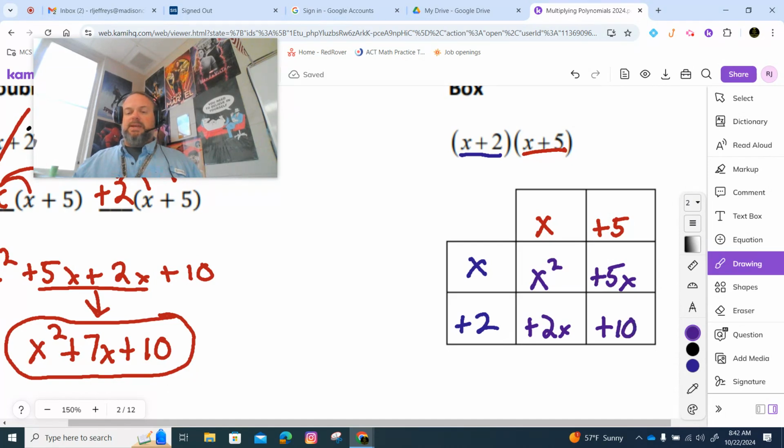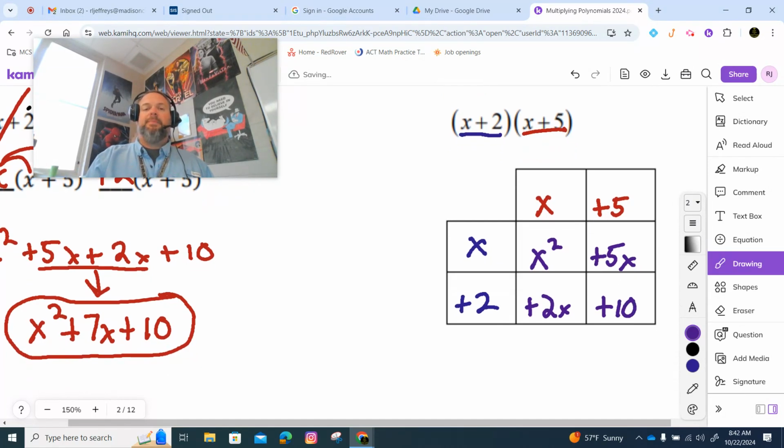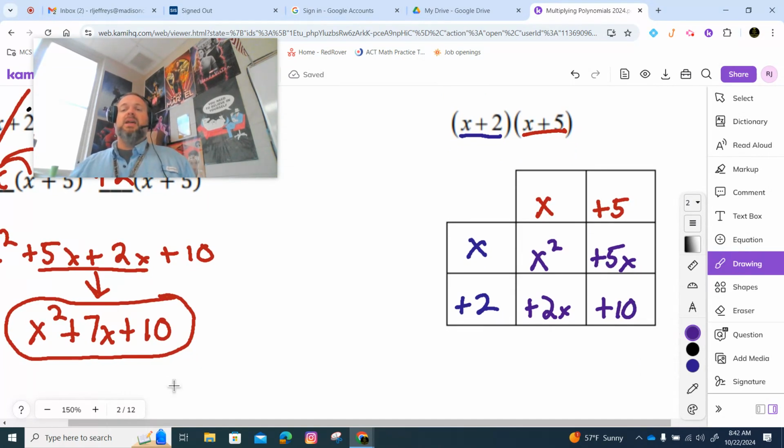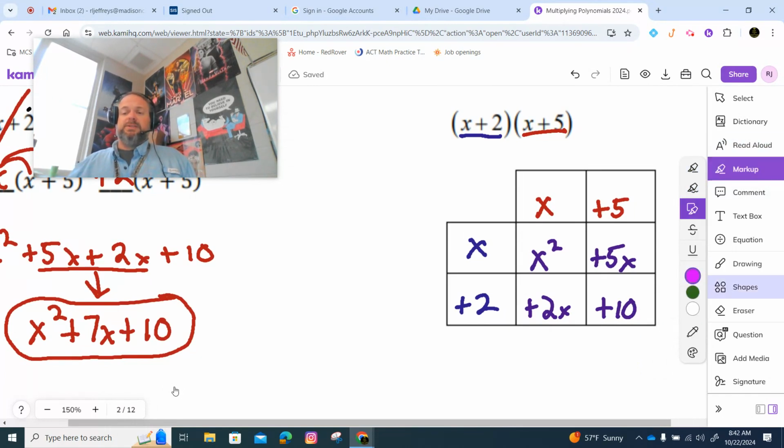And this would be 10. Now, something you should notice is that when you do the box method, this diagonal right here, that is where your like terms are. Let me see if I can make that a little bit better. I doubt I can.